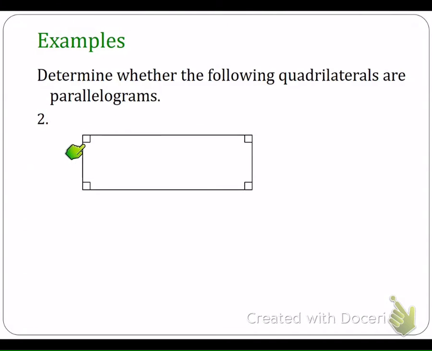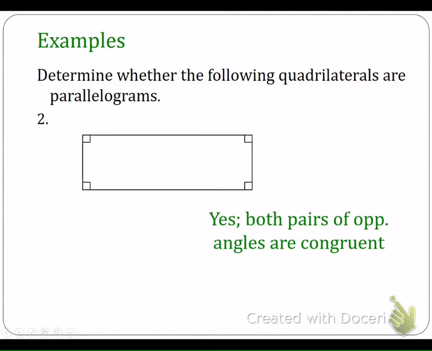No. But they did tell me what about the angles? They're congruent. So yes, you could say both pairs of opposite angles are congruent. You could also say that the consecutive angles are supplementary, right? 90 plus 90 is 180. 90 plus 90 is 180. Depends which way you go. But there's a lot of these where more than one reason is going to work. Here's one of those. So opposite angles are congruent.